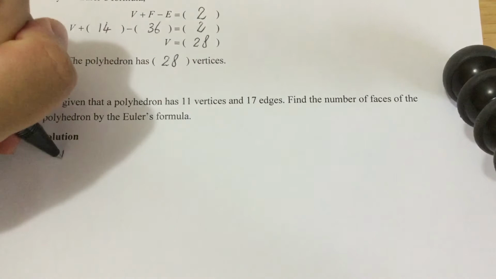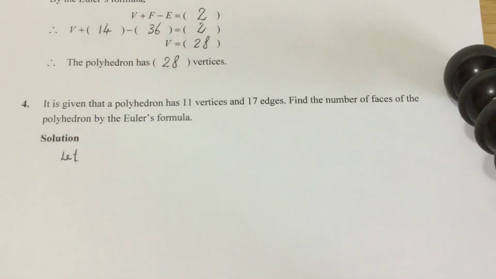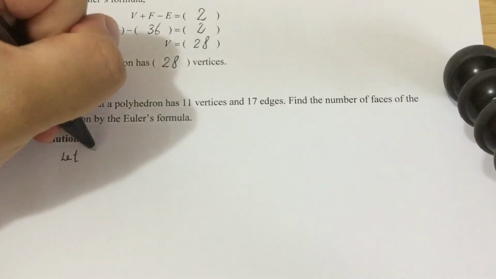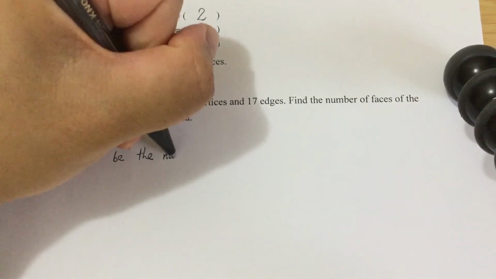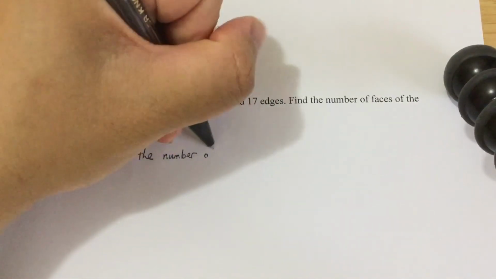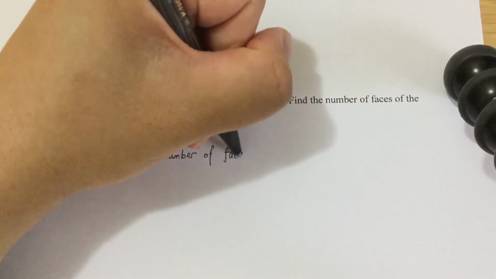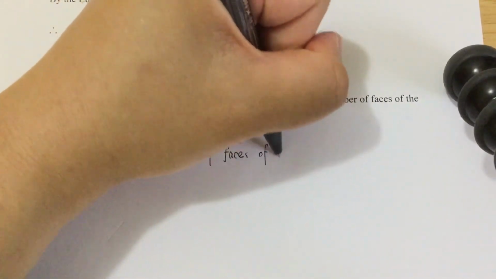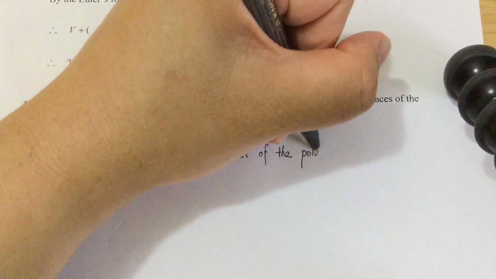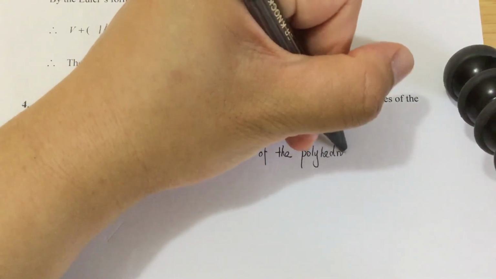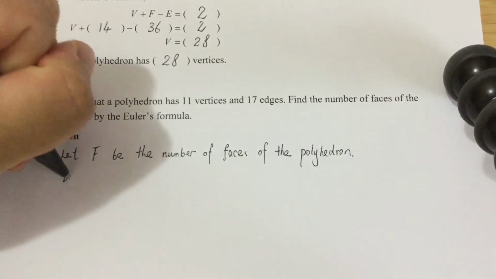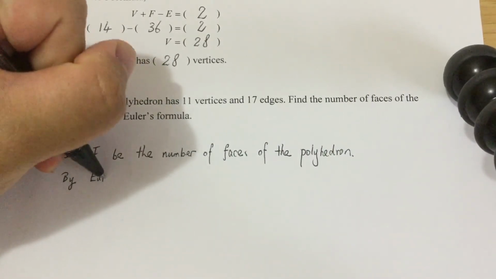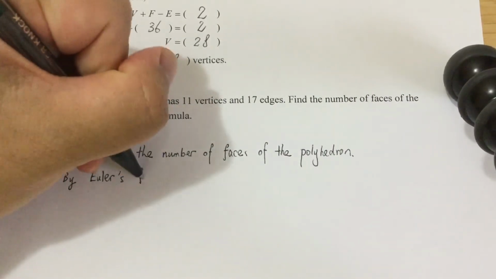Now Mr. Tam is a little bit lazy, so I will let F be the number of faces of the polyhedron. And by Euler's formula, once again, I need to write down Euler's formula because we're going to use this.